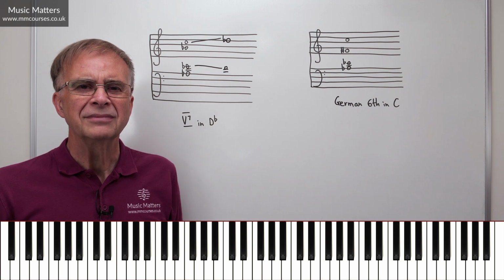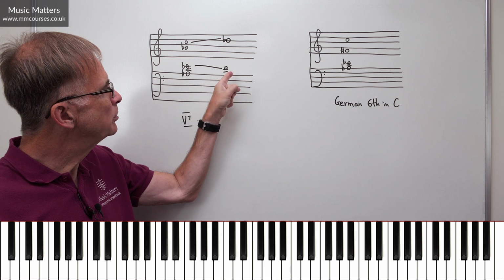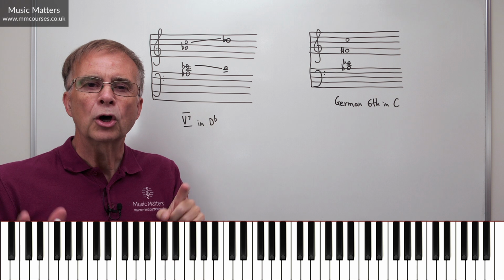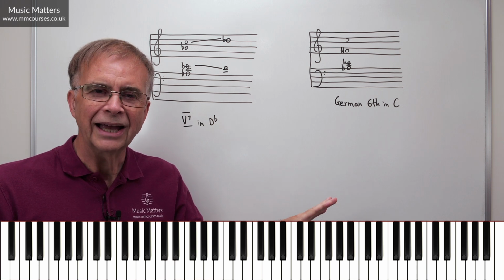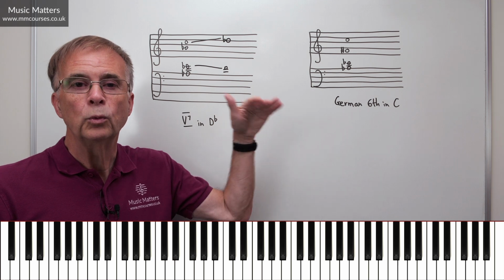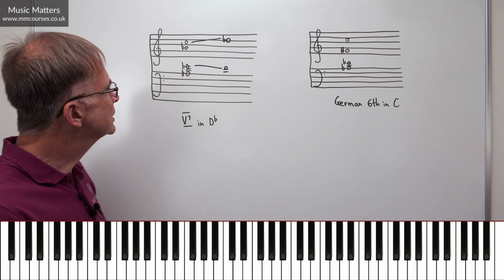In fact, that's not the rule. The rule is this: the seventh should fall by step and the third should rise by step. The consequence of doing that is that you end up following chord 5-7 with a chord 1 or a chord 6. Okay, so just to mop that one up.